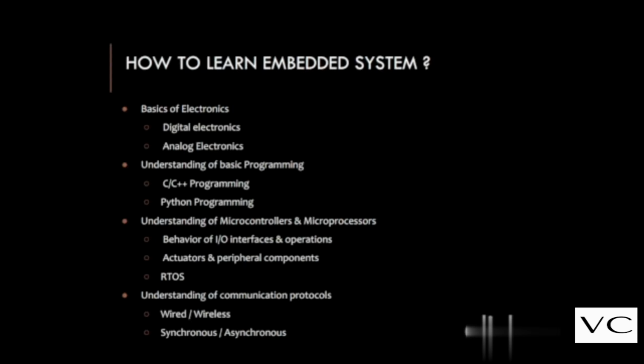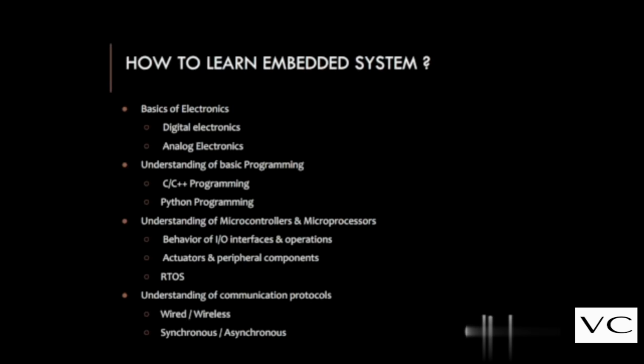Also, from the programming end, we have the common language C, which is majorly used in embedded systems. But in complex embedded systems, we can also find C++ as well as the Python programming language.